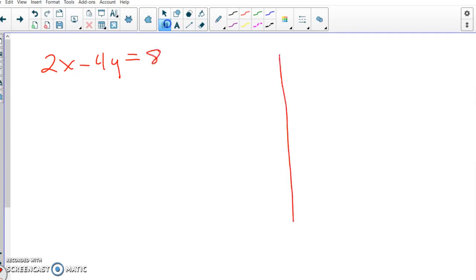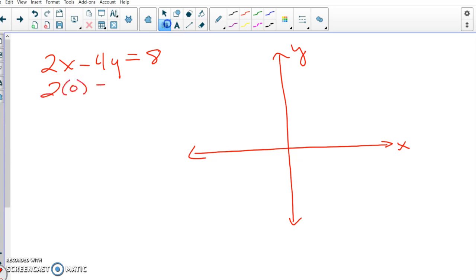If I need to graph this quickly, the fastest way is to take my 2 intercepts. And how do I do that? Well, I allow x to equal 0, and I solve for y. Negative 4y equals 8. y equals negative 2 when x equals 0. And if I plot that point 0, negative 2, I've found my y-intercept.